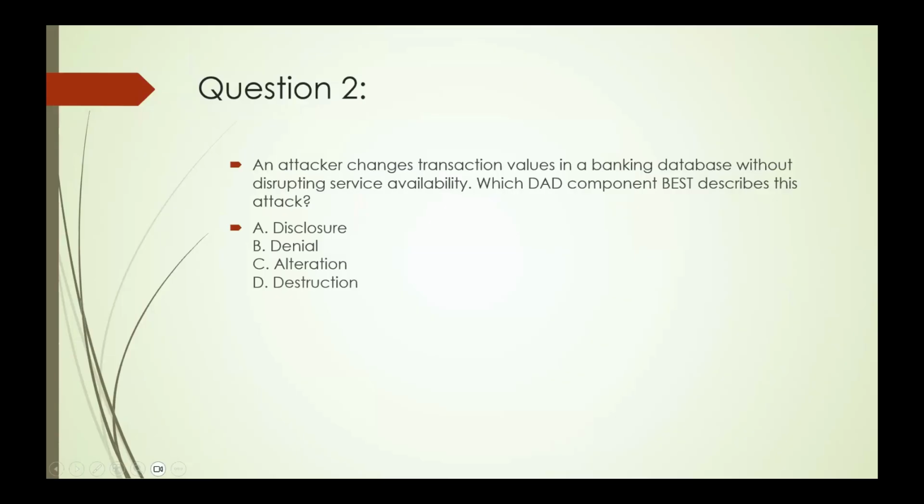The available options are disclosure, denial, alteration, and destruction. Here the attacker has modified the data. It's clearly given. So this directly maps to alteration in the DAD triad and compromises integrity in the CIA triad, because it is the DAD triad. Now the answer is alteration.